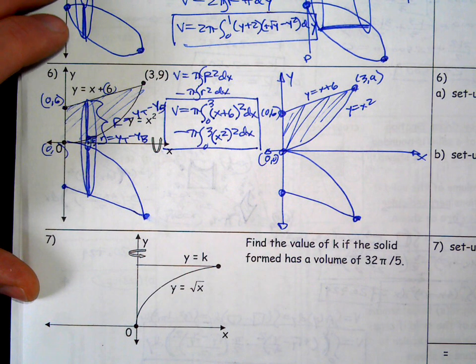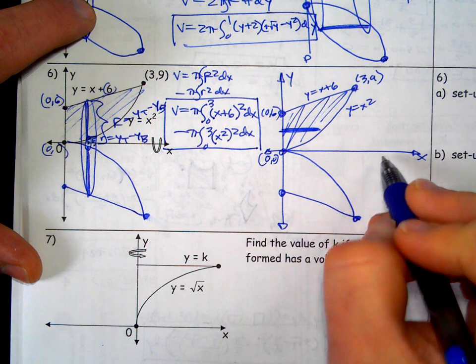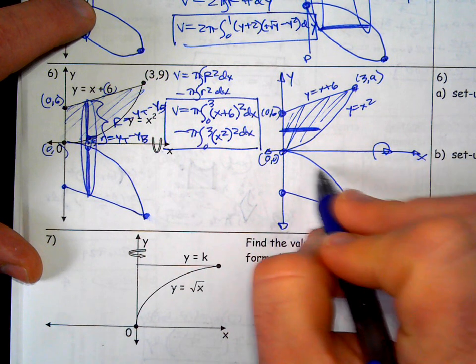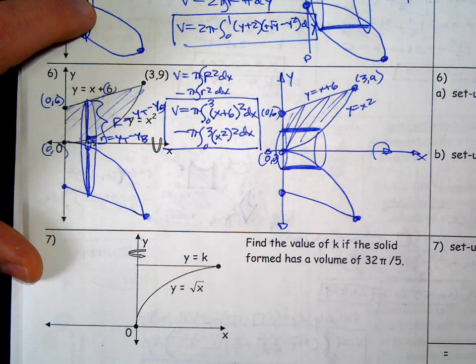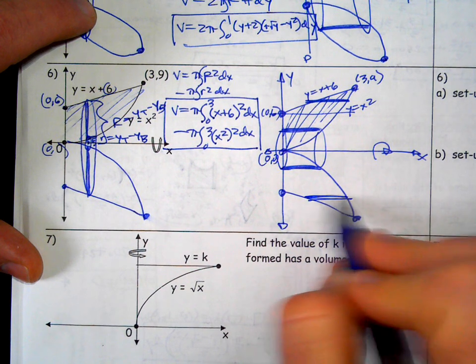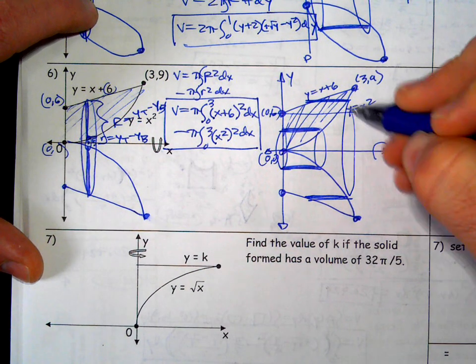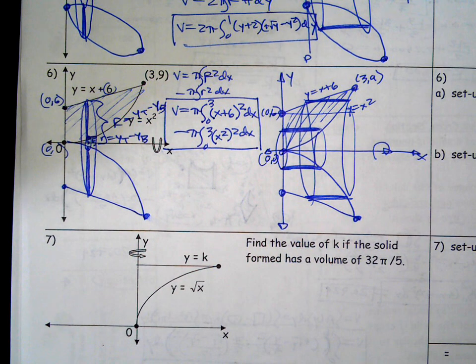We're going to slice it horizontally. So horizontal slices are going to be parallel to the axis of rotation, and they're going to give you shells. Now, the thing you got to realize is that once you get past this point, the height of the shells is going to change. So we're going to have to do 2 different sets of shells to get this right.